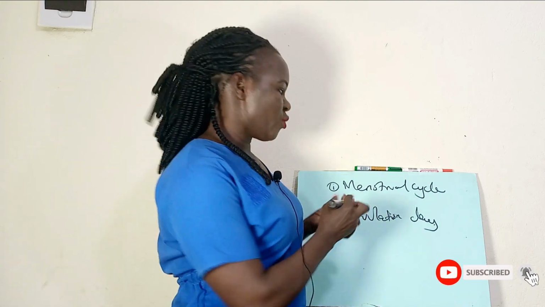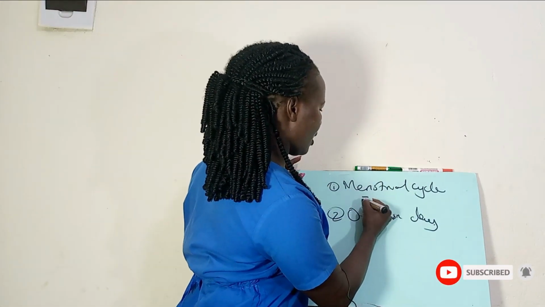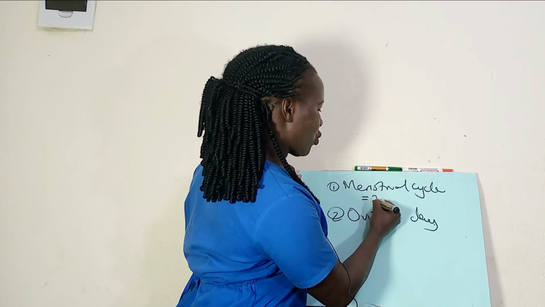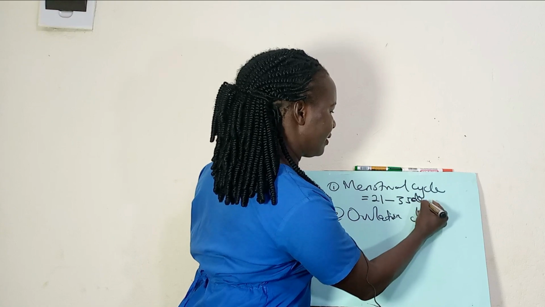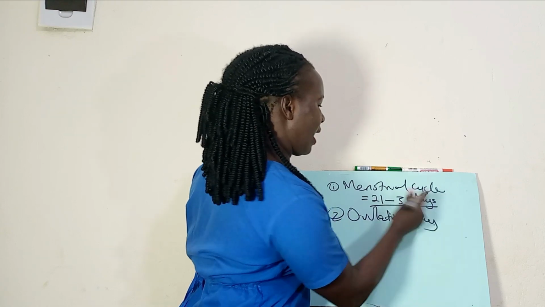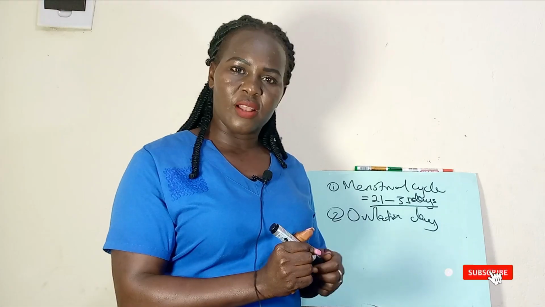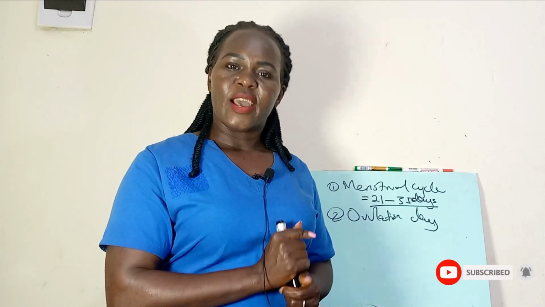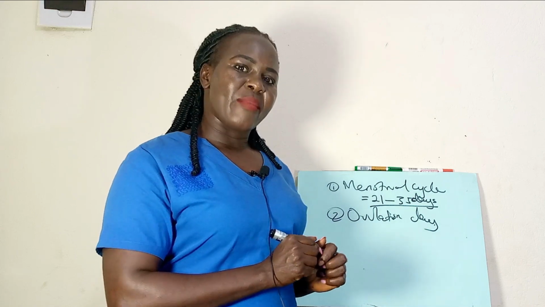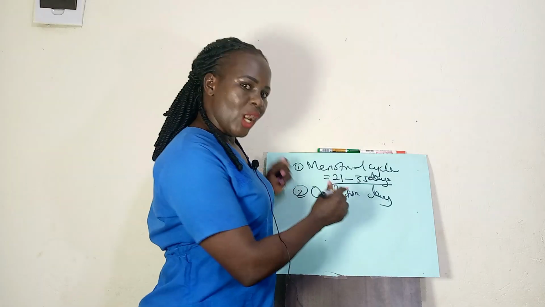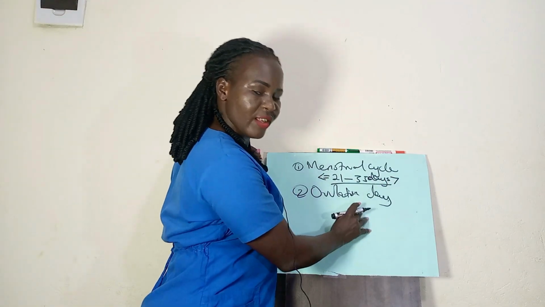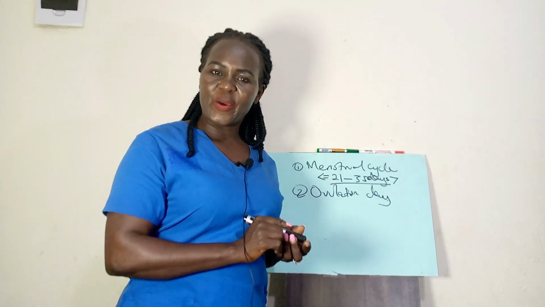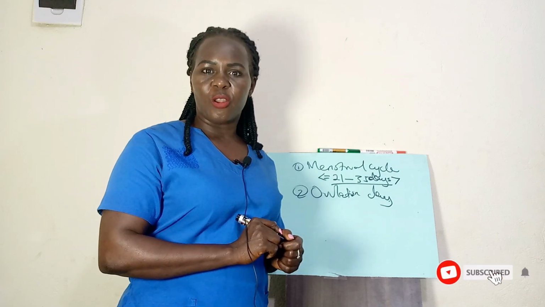It is a range between 21 days to 35 days. Any menstrual cycle that falls between 21 and 35 days is normal. Any cycle below 21 days or above 35 days is abnormal, and you need to see a gynecologist.